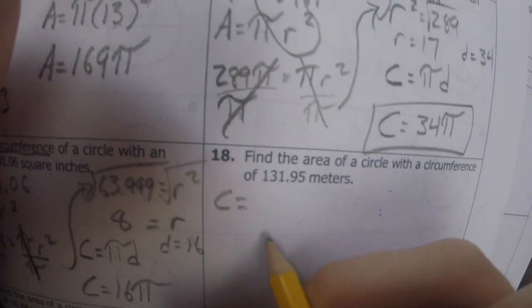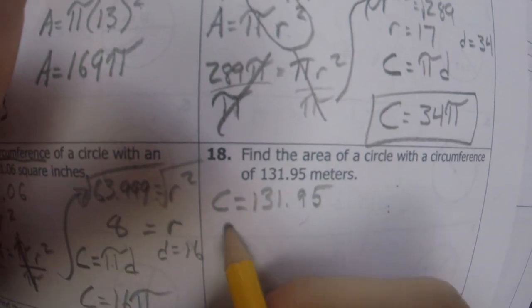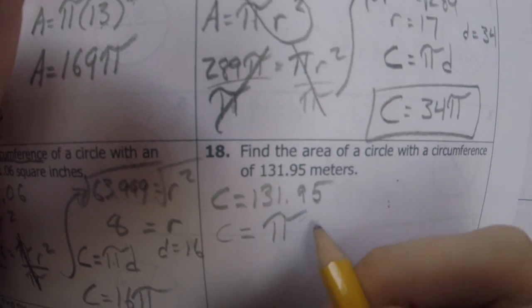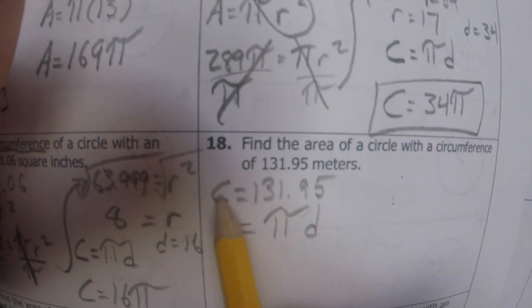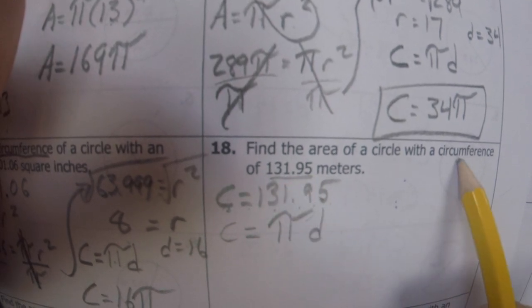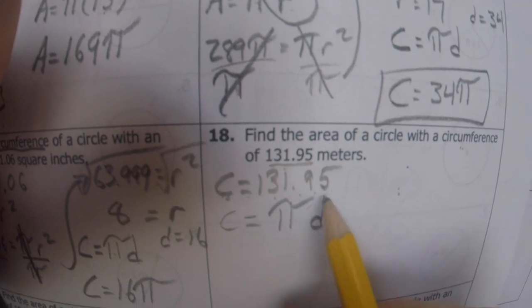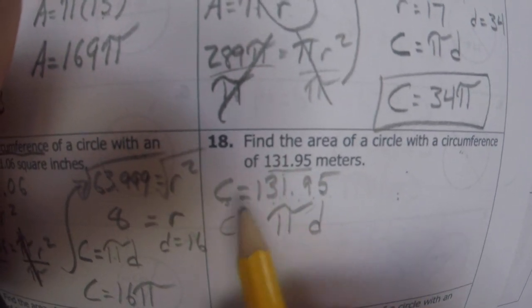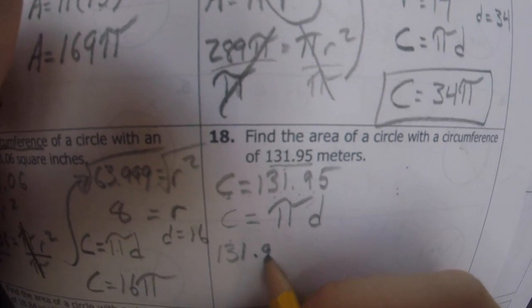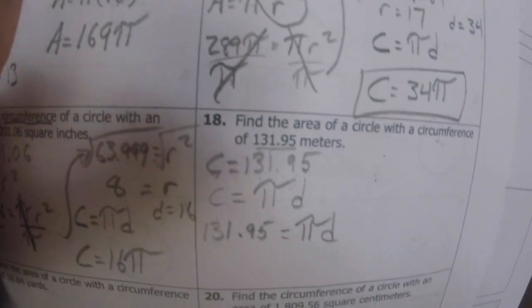Well, the circumference is 131.95. So I'm going to use circumference formula, which is pi times the diameter. And since C equals 131.95, that's what they just told us, circumference is 131.95. I'm going to take this number and pop it in for C. 131.95 equals pi times D. Alright.